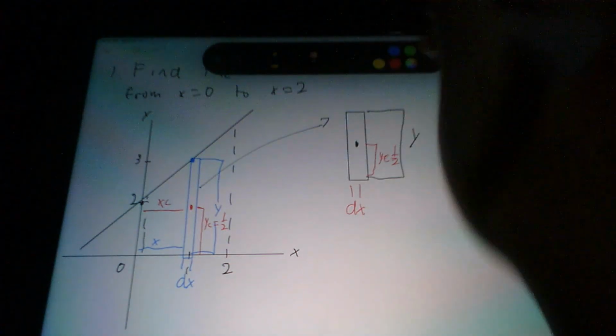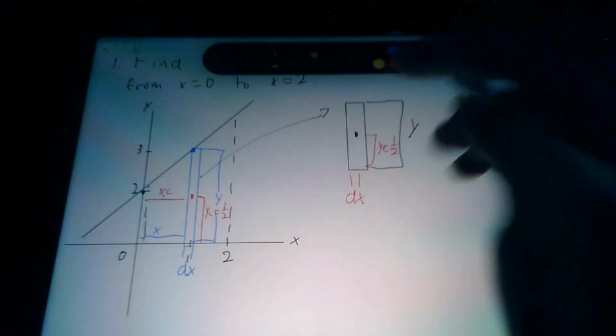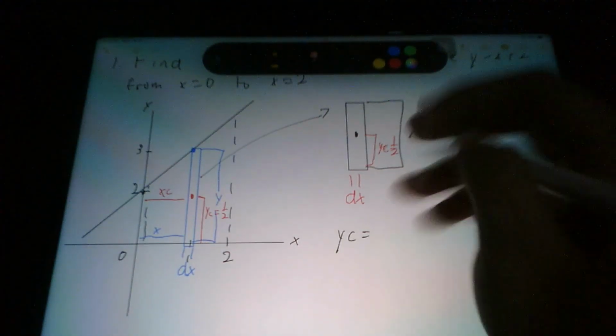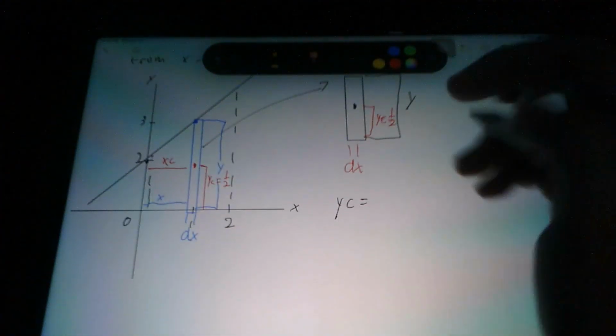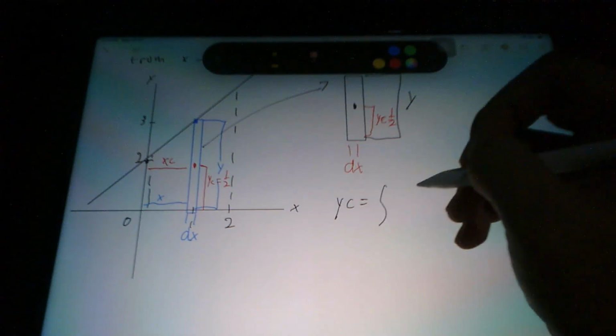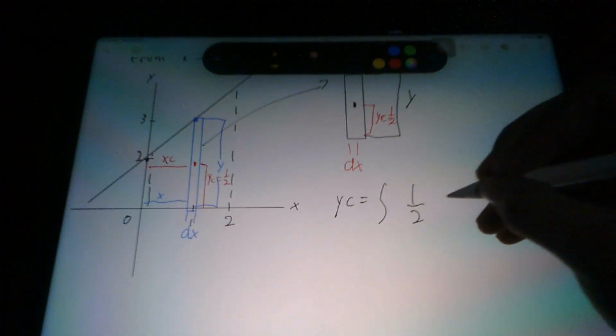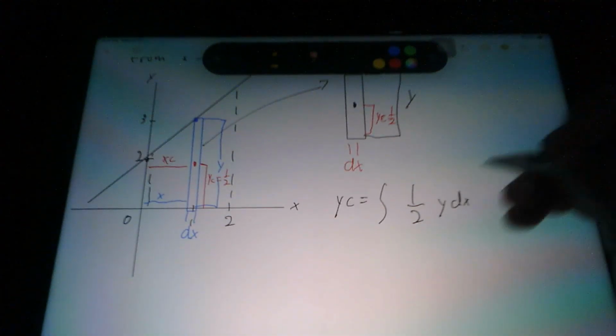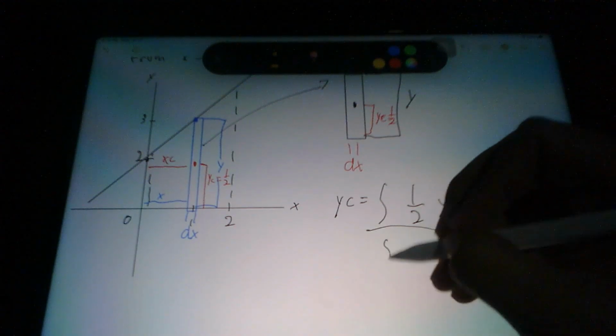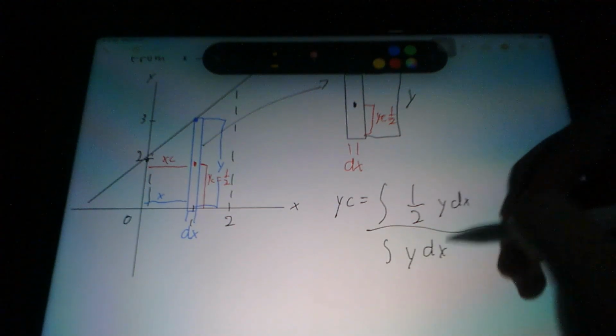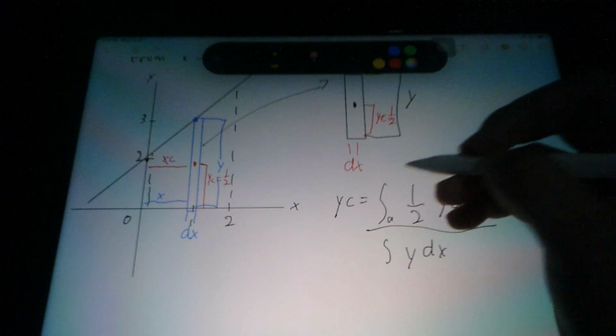So by using our formula here, yc is equal to the integral of 1/2 y dx over the integral of y dx, with limits from a to b.